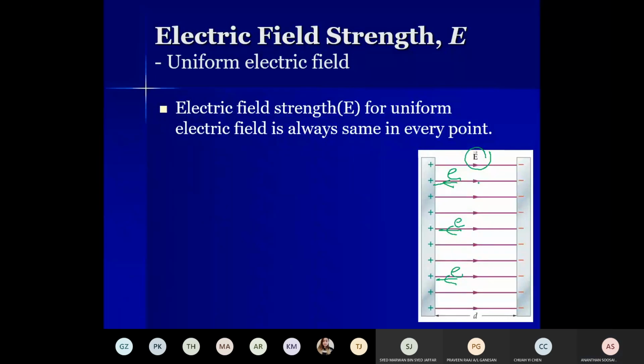But let's see here, placed with a proton. If you place a proton, will the proton and electron experience the same force? The proton will move to the right, sorry. The field is the same, but will the force experienced by the electron and proton be the same or different?